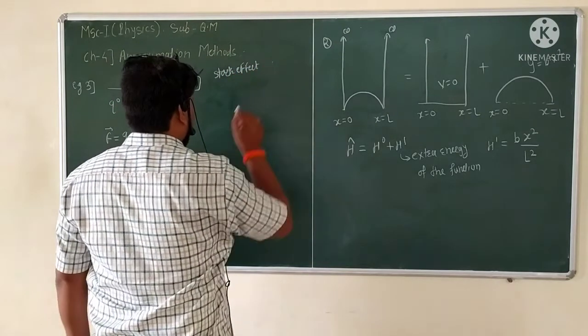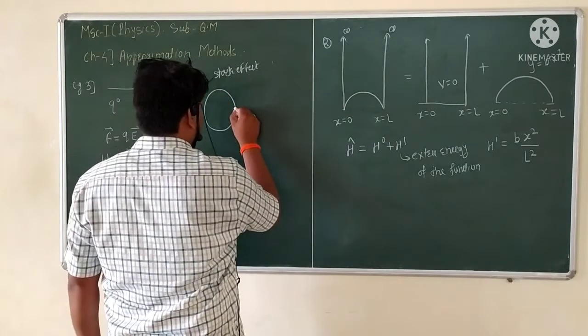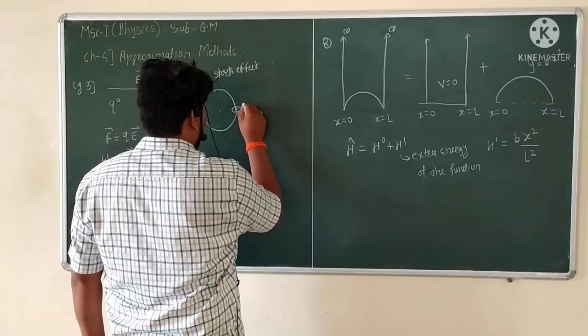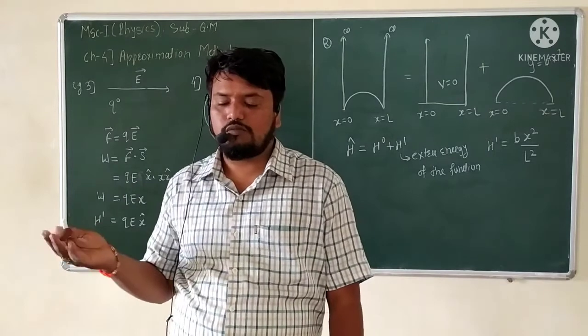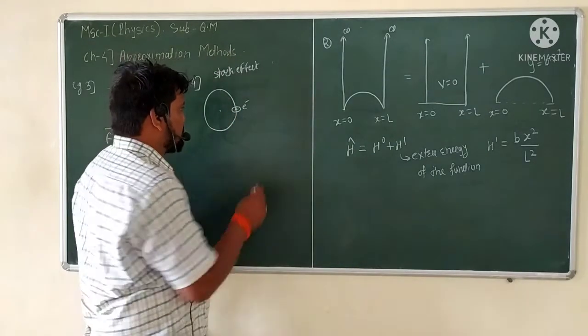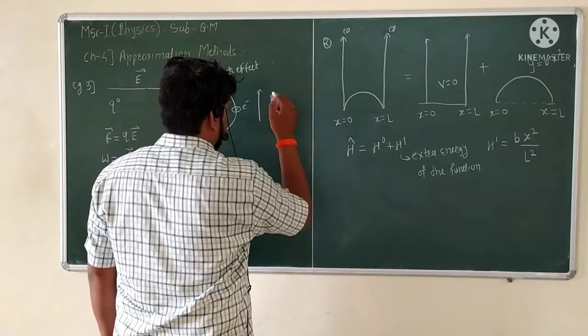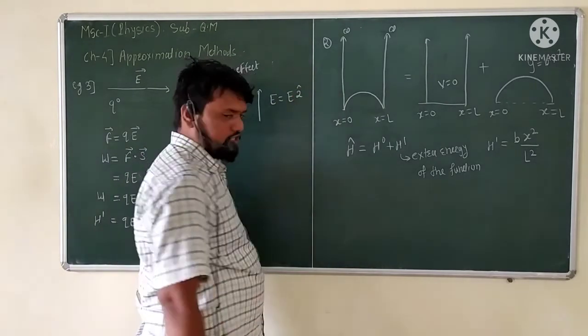An electron is moving in a circular orbit in an atom and emits some energy, with the field in the Z cap direction.